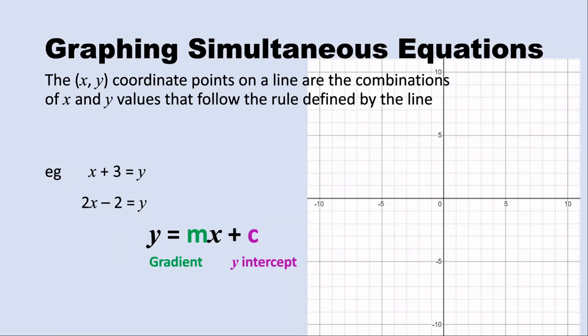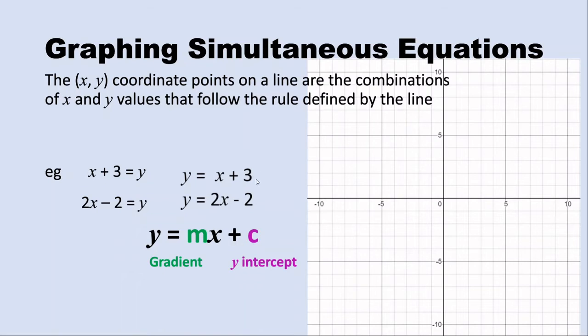So let's just turn these equations around. x plus 3 equals y is the same thing as y equals x plus 3. And 2x minus 2 equals y is the same thing as y equals 2x minus 2. So now that I have them in the y equals some number of x plus some number format, I can clearly see what the y-intercept and the gradient are.